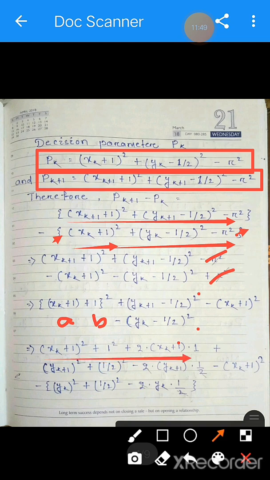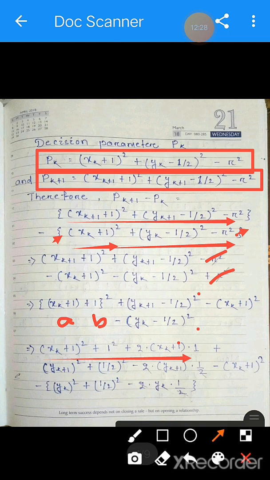Here we put it. After that, yk plus 1 minus 1 by 2 is your a minus b formula. Here a square means (yk plus 1) whole square, plus b square, 1 by 2 whole square, minus 2ab, 2 into a, yk plus 1, into b, 1 by 2.